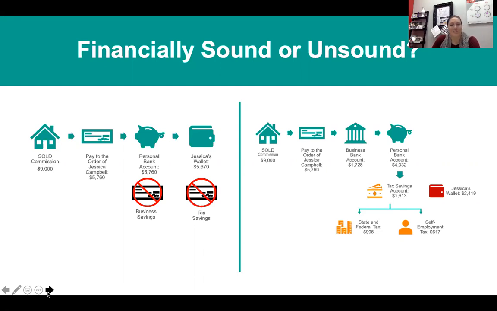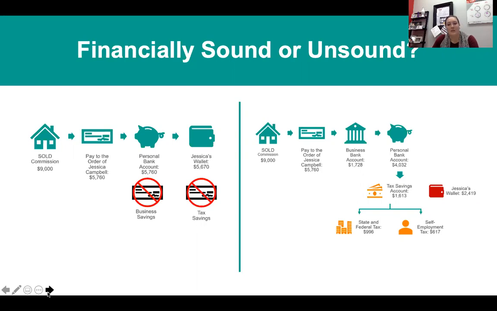It's then processed and her company dollar split has come off, and now her check received is $57.60. She puts $57.60 in her personal account and $57.60 essentially in her wallet. She does not leave money for business savings, and she does not leave money for tax savings.